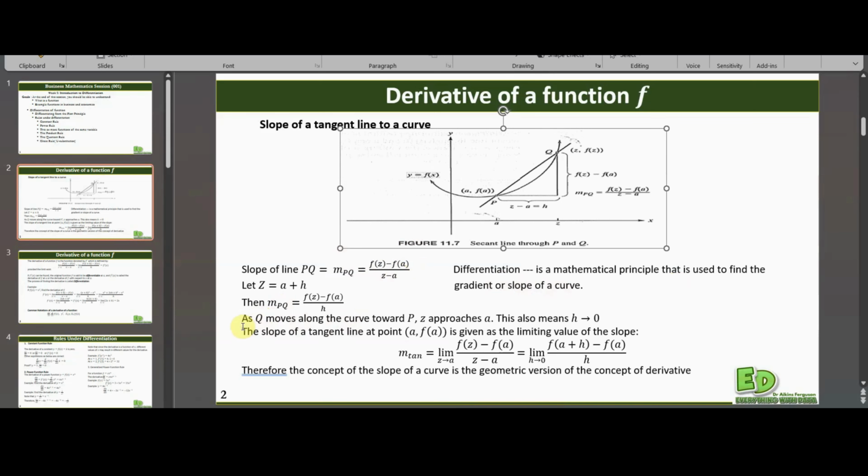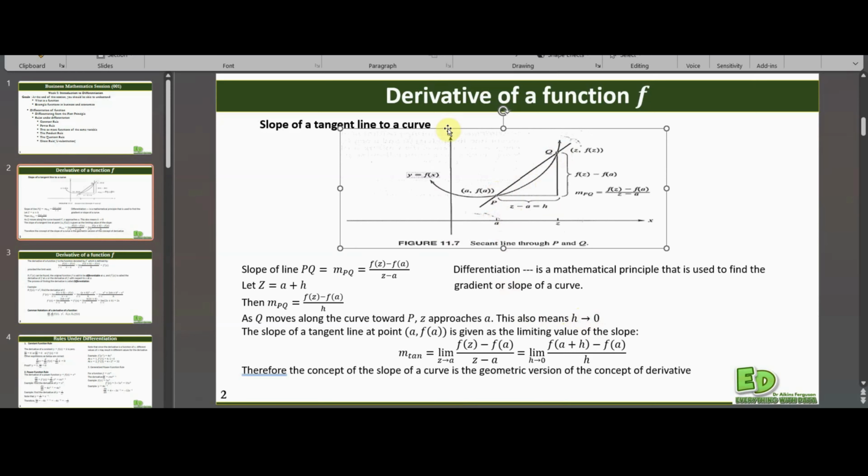So you can say that as Q moves along the curve towards P, Z approaches A, right? As Q here moves along the curve towards the point P here, you can say that Z here approaches what? A. That's what they are trying to say. This also means H approaches what? 0.